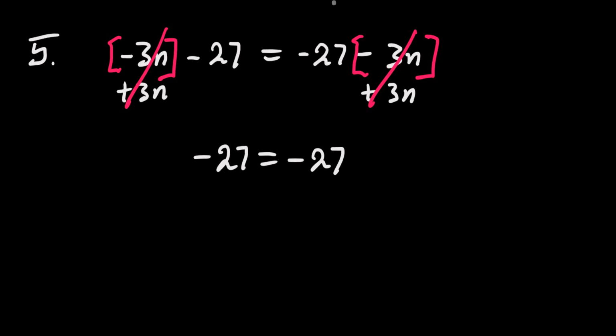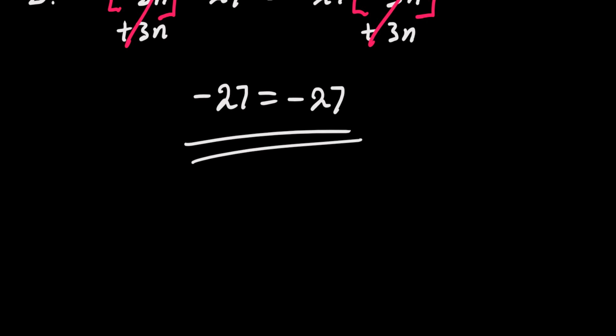So anytime you are solving an equation and you arrive at a situation like this, all you have to do is let us know that the solution to this equation is all real numbers.